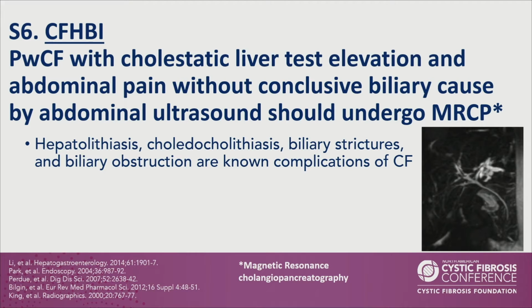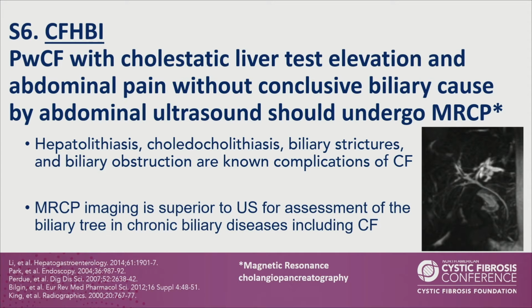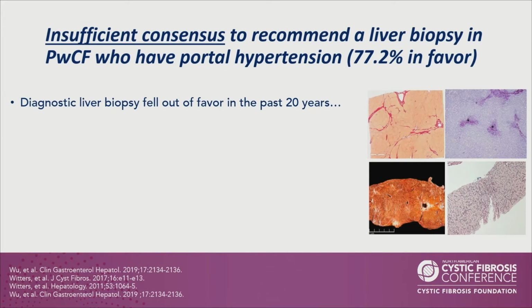Although it's a subgroup of all persons with CF, it does have its own kinetics, characteristics, and clinical presentation. We found a variety of studies, both in chronic biliary diseases and in cystic fibrosis, showing conclusively that MRCP is superior to standard ultrasound for the assessment of the biliary tree, and therefore it should be routinely performed in somebody who has those clinical signs and presentations.